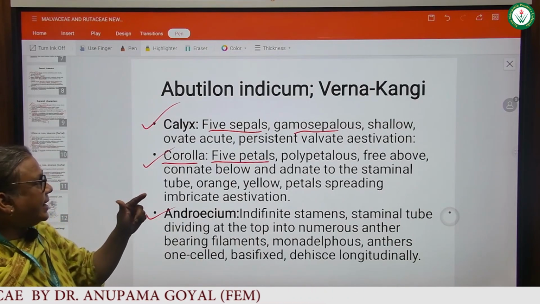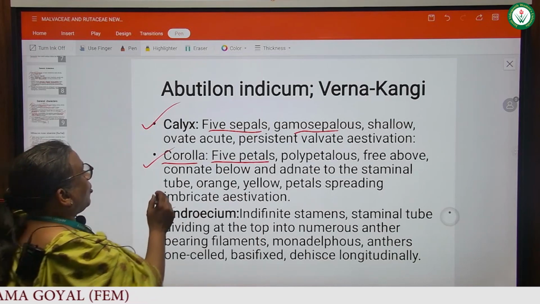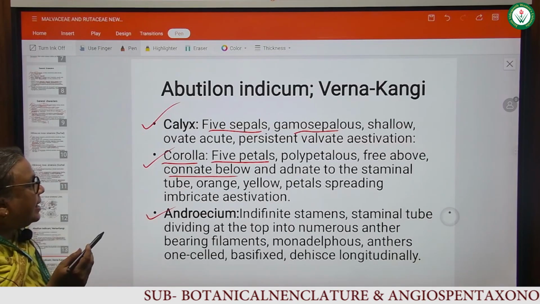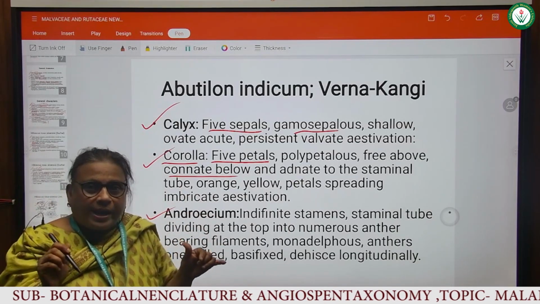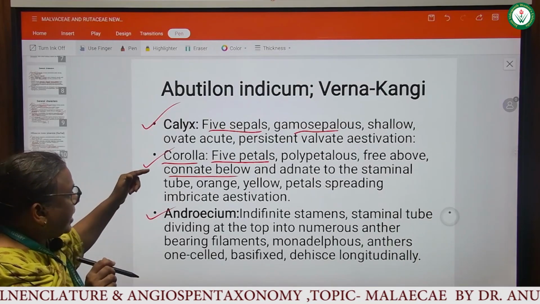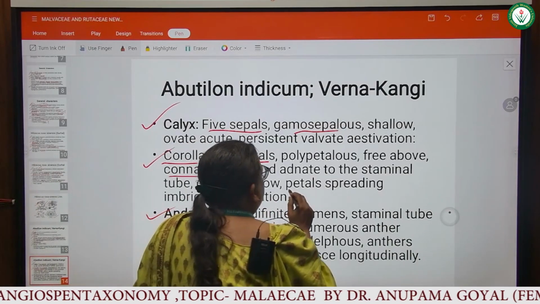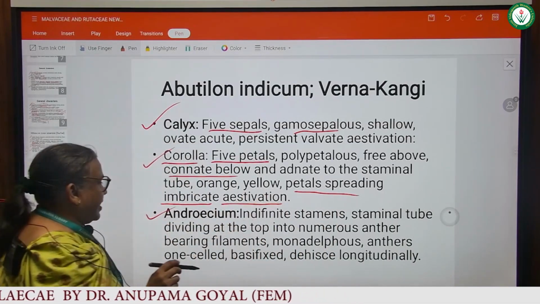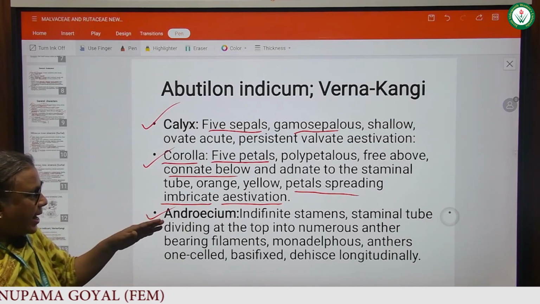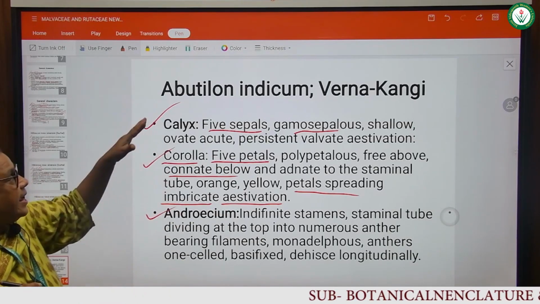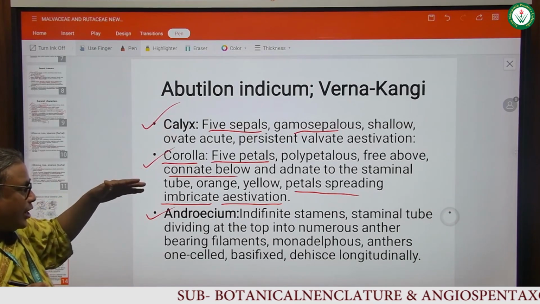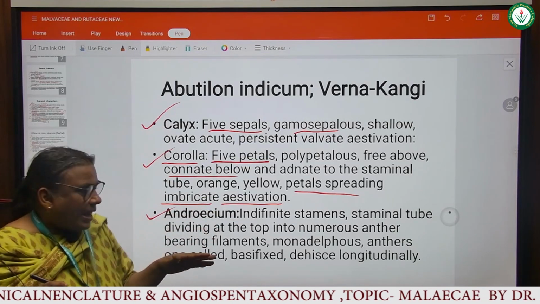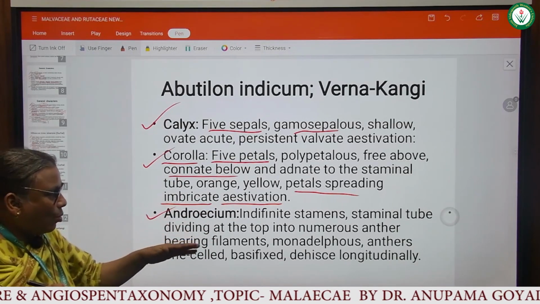They are polypetalous, free above and connate below and adnate to the staminal tube, and these petals are orange or yellow in color, spreading and showing imbricate aestivation. Now androecium: indefinite stamens are present, the staminal tube dividing at the top into numerous anther-bearing filaments, and this is monadelphous.